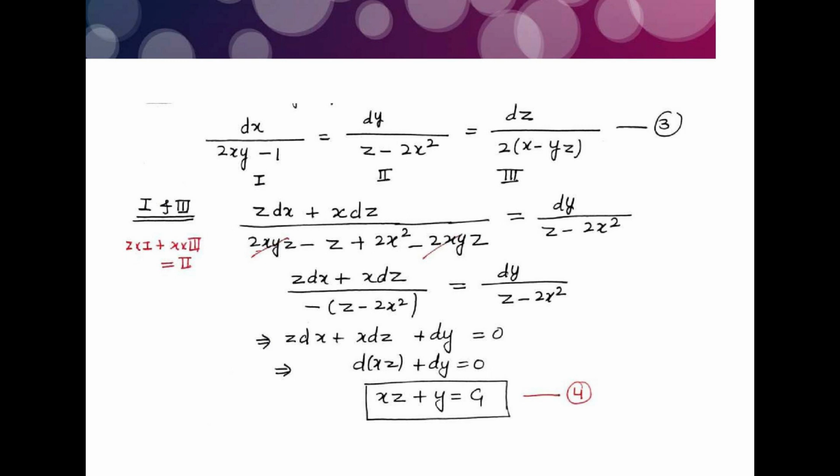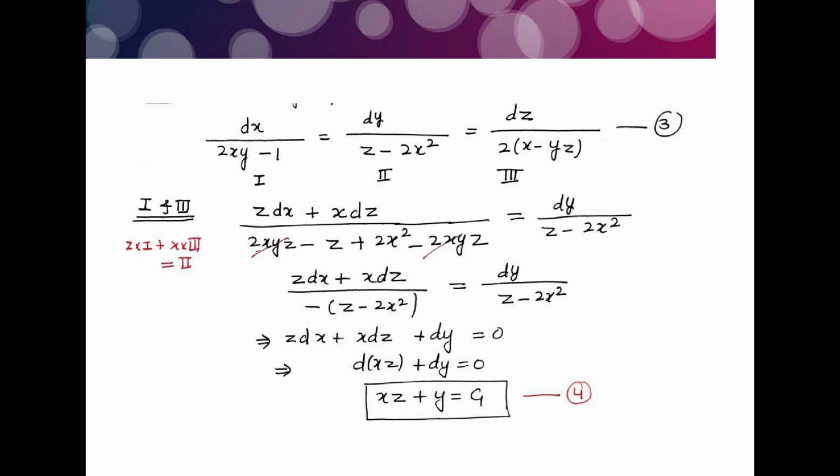So let's try this combination. First ratio multiply by z and add it to x times third ratio. So finally we have z dx plus x dz. You can simplify the denominator. Denominator will be minus z minus 2x square.